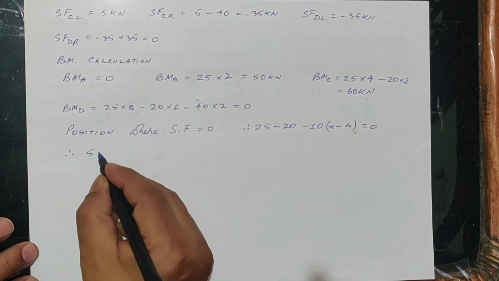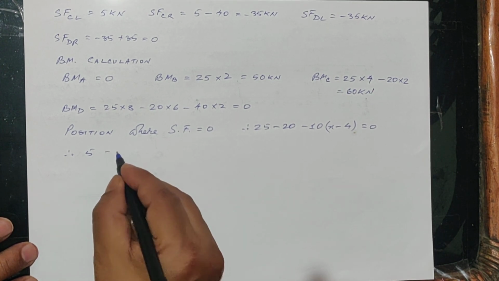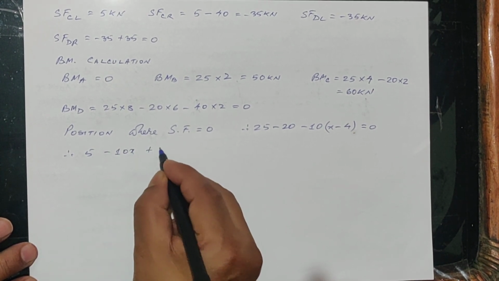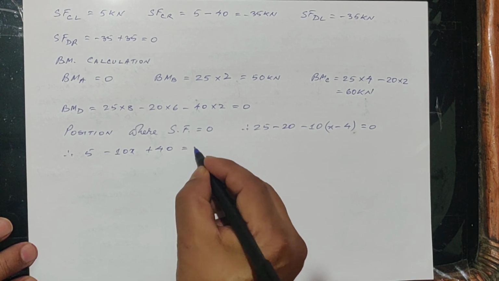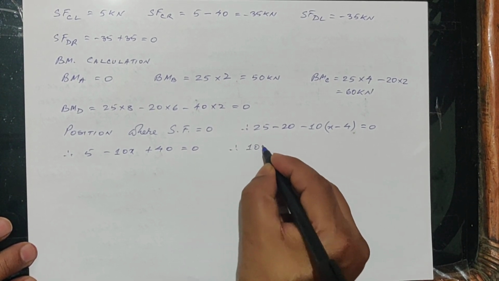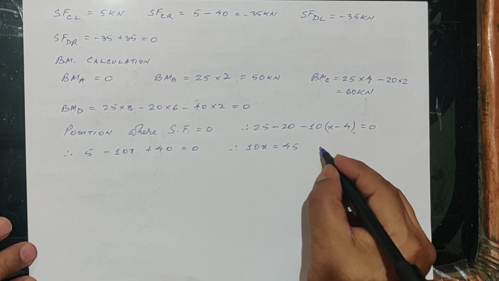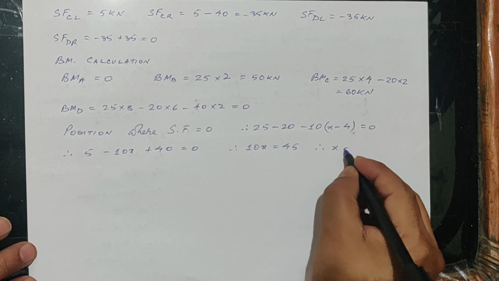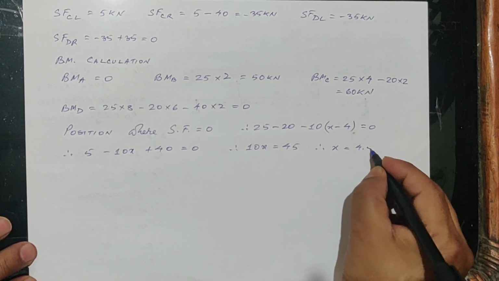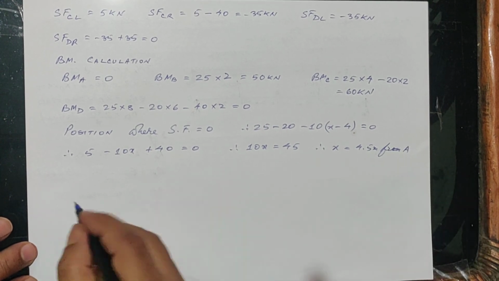Therefore 5 minus 10x plus 40 is equal to 0. Therefore 10x is equal to 45. Therefore x is equal to 4.5 meters from A.